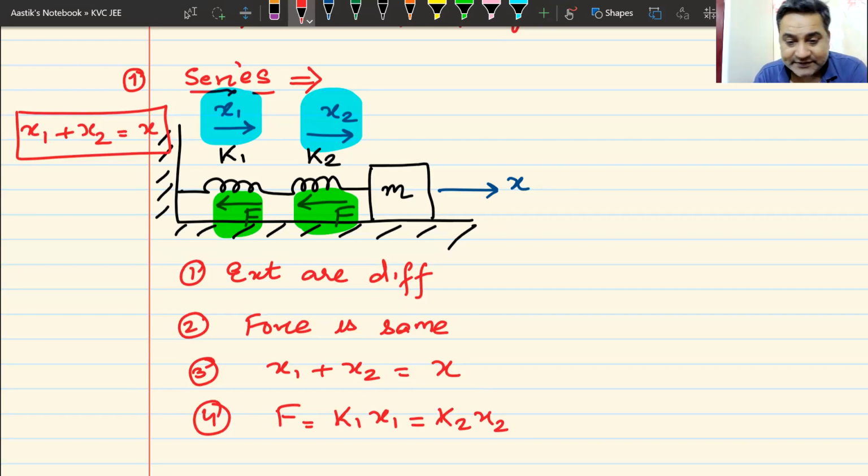Do we understand this? I'll give you 2 minutes to note it down. Then we'll move ahead.